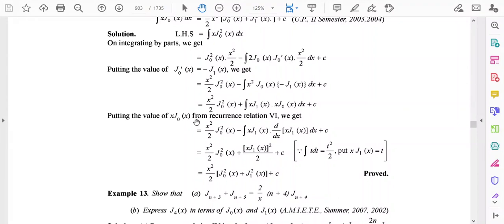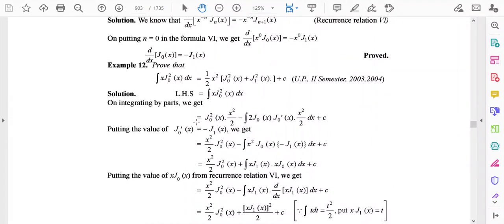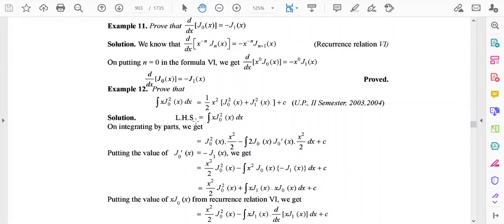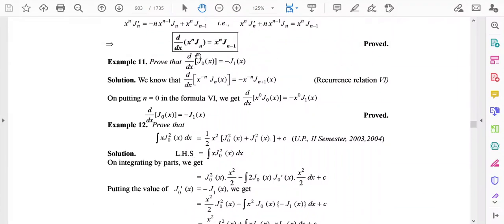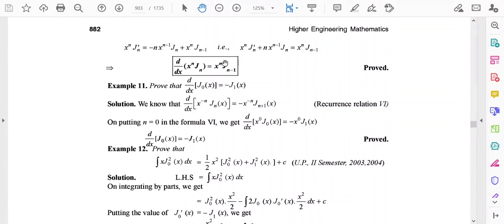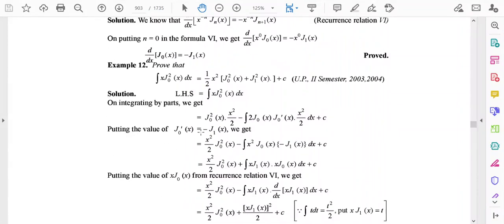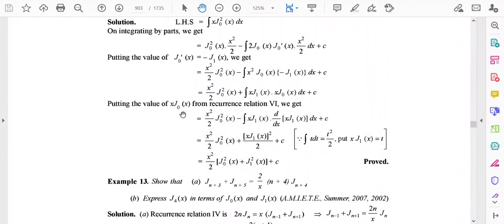We have already evaluated the value of x J0 x; you see the formula. From this formula we can calculate x J0 x. If we put n equal to 1 here, this becomes x and this becomes J0. So x J0 can be written in terms of d/dx of x J1 x. This is from recurrence relation 6.